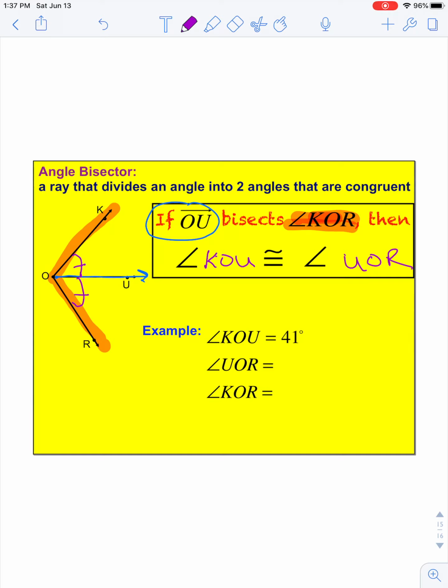And again, if we put values on these, if we tell you that KOU is 41 degrees, then that also means that UOR is also 41 degrees. Pretty simple. And KOR, the larger angle, would just be 41 plus 41, or 82 degrees.